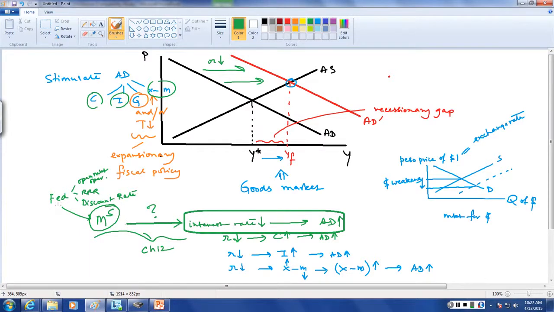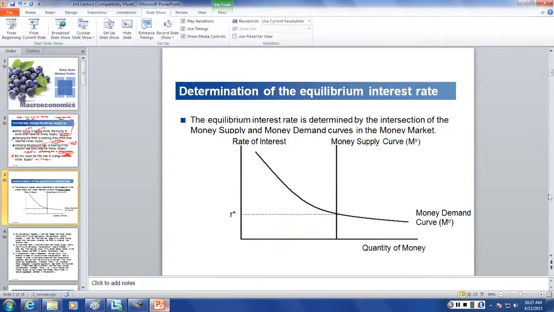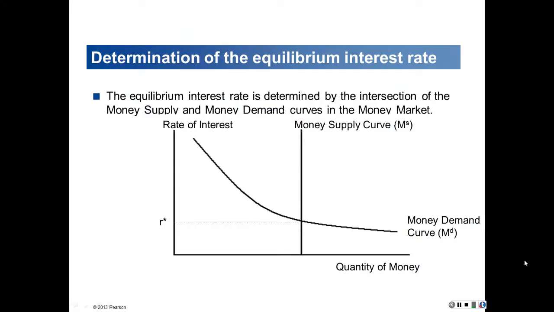And let me go back to my PowerPoint presentation. And this is going to be our key diagram here. This is the diagram that explains the connection between the money supply and the interest rate. Now this is called the money market, as opposed to the goods market.